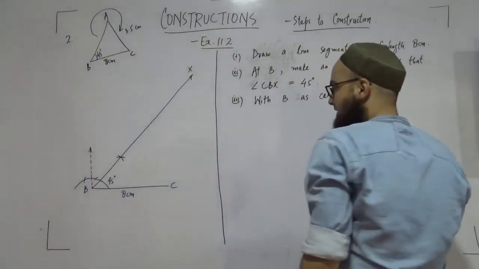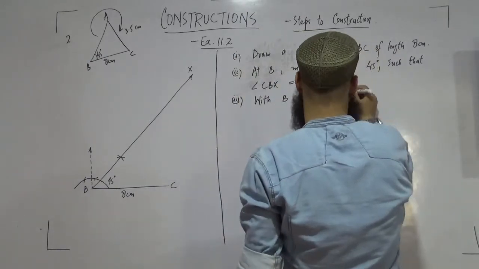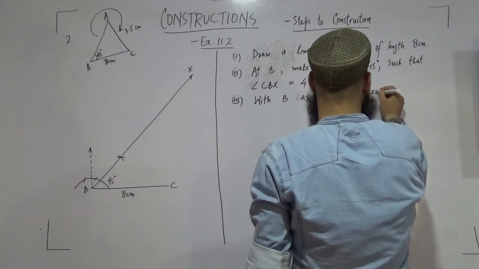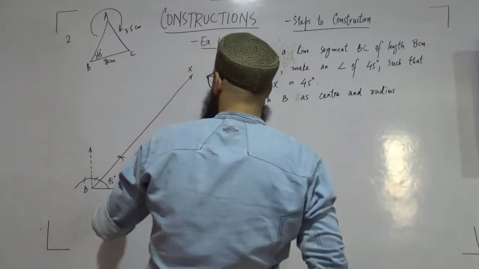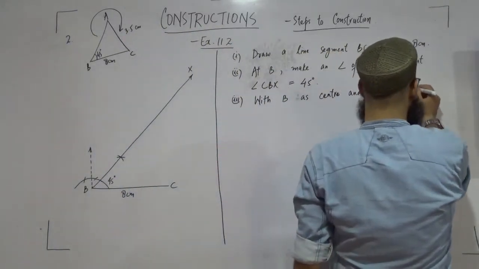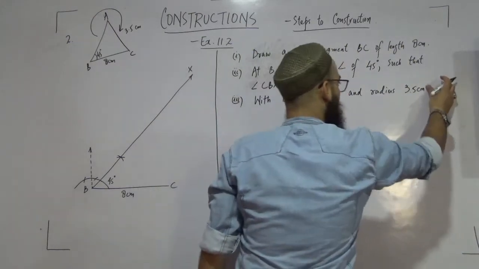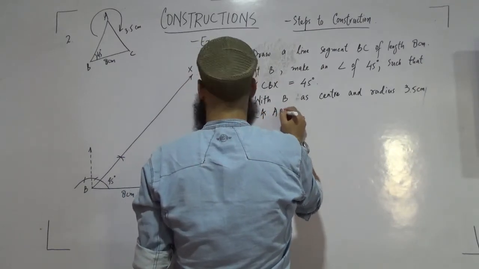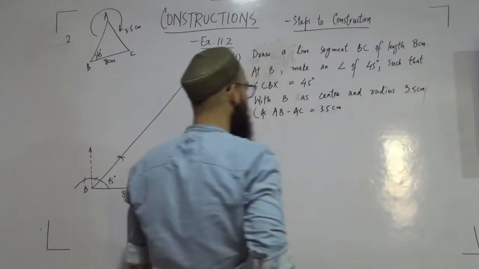With B as center and radius, take B as center and radius the difference of two sides. What's that? 3.5 centimeter. Why? Because AB minus AC is equal to 3.5 centimeter.